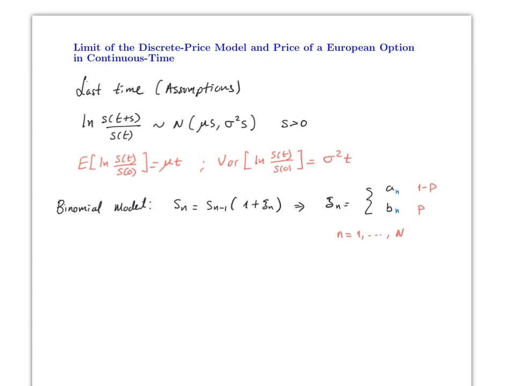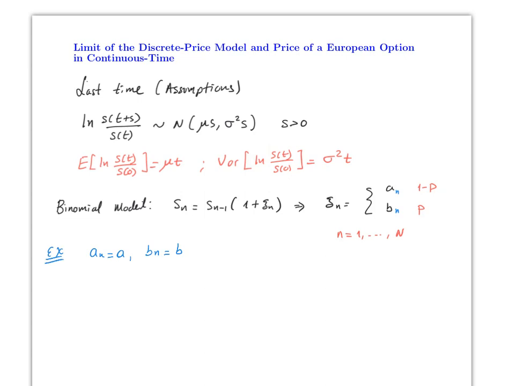Well, let's do one exercise. Let's assume that a_n is equal to a for all values of n, and b_n is equal to b for all values of n, which means the values of a and b will not change during the tree, which we have done before.